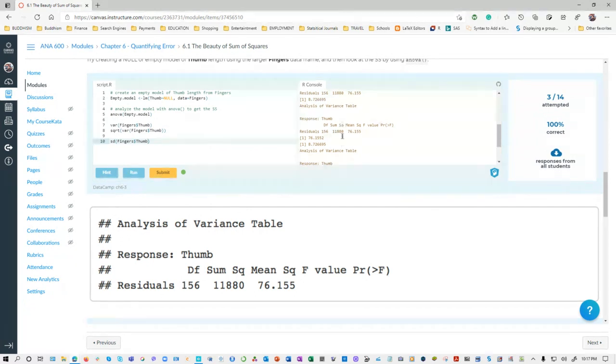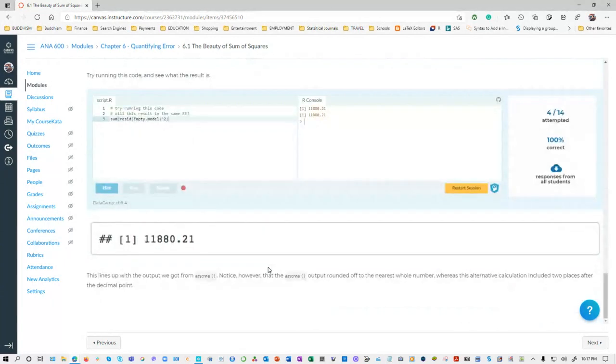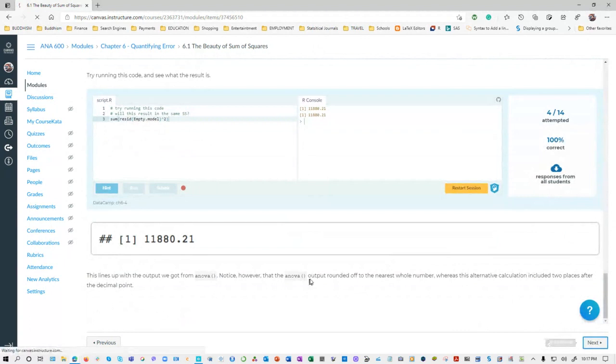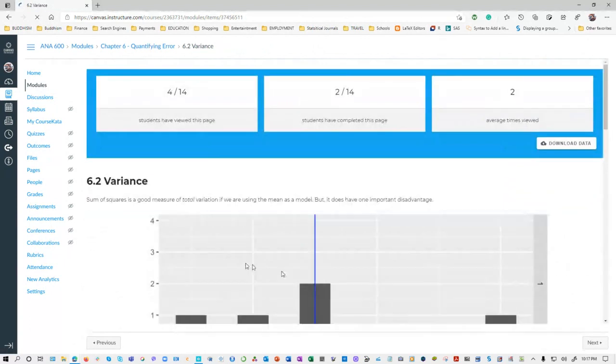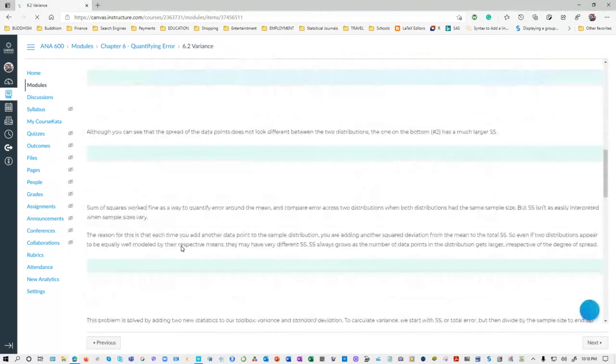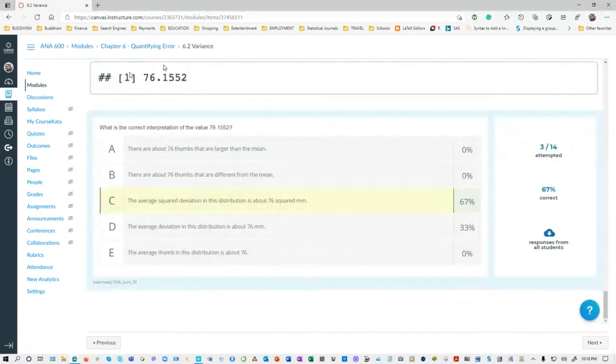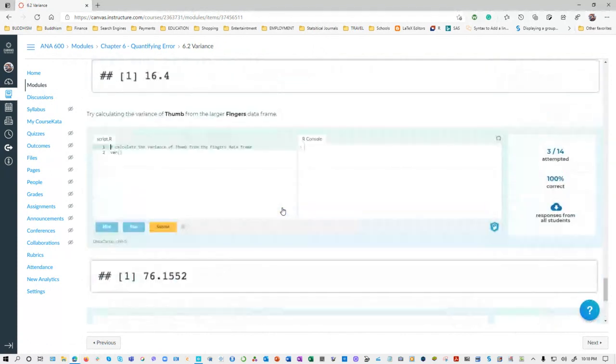Or go to here, get the sum of squared residuals or mean squared residual and then find the square root. Like that. See how many ways you can get this done? This value you already saw. Look at the variance. Sum of squares, we already did that one.